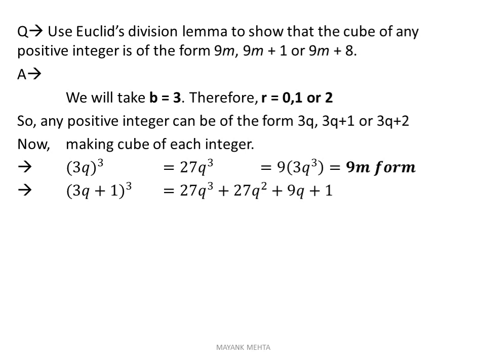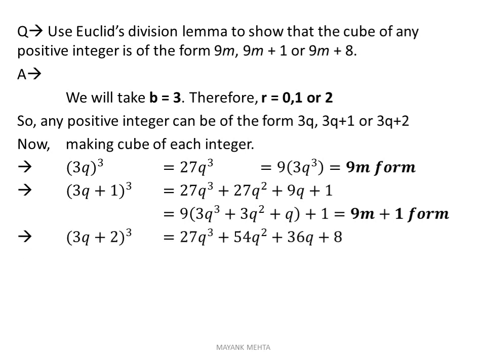Here in the first three terms of the expansion, you can take 9 common. So in the bracket you will get 3q cube plus 3q square plus q, and the last plus 1 is there. So the whole bracket is of the form m. So this answer is of the form 9m plus 1.